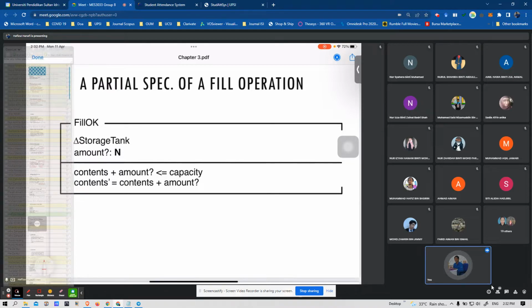Okay, this one is Z convention. We have input, we declare as question marks. Output, exclamation marks.